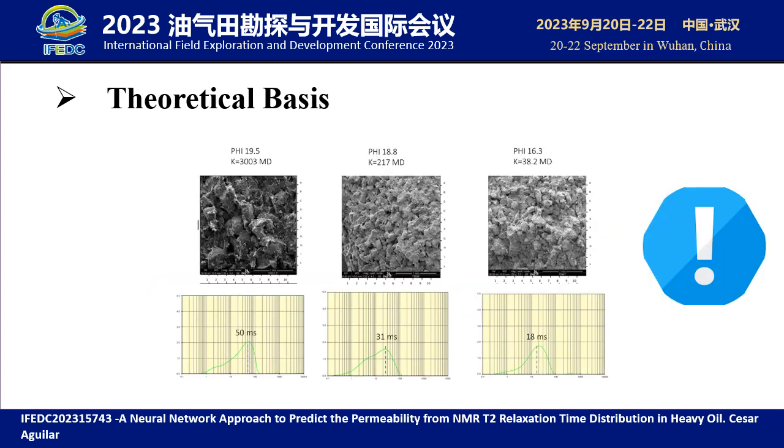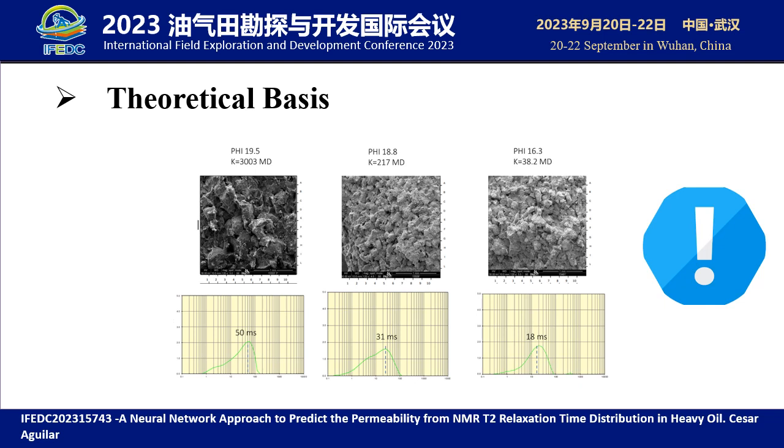Fifteen minutes is a short time to explain in detail this challenging topic, but I would like to set out the theoretical basis using this illustration combining scanning electron microscope photos and NMR experiments.